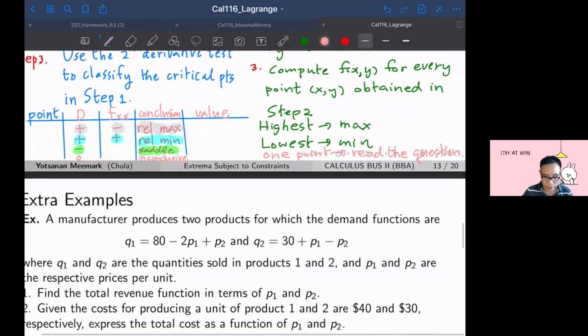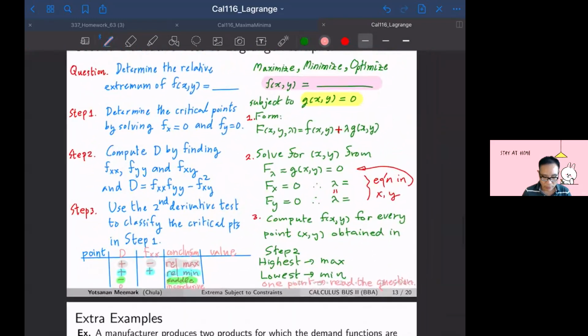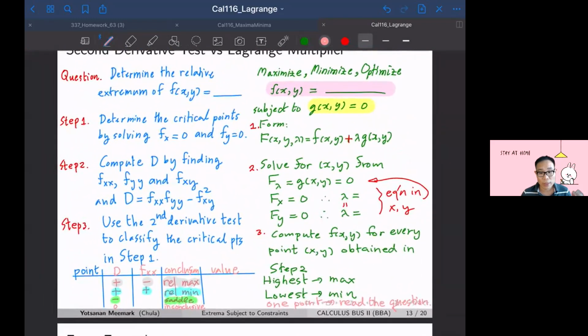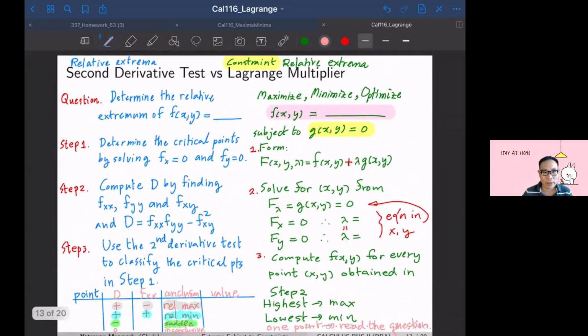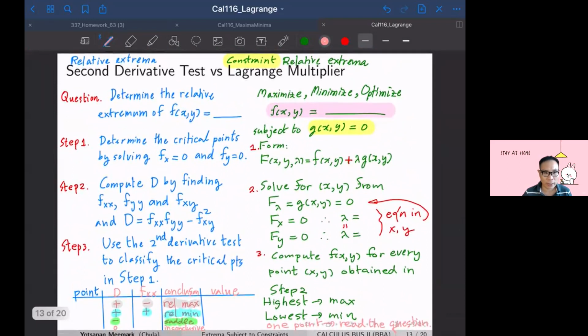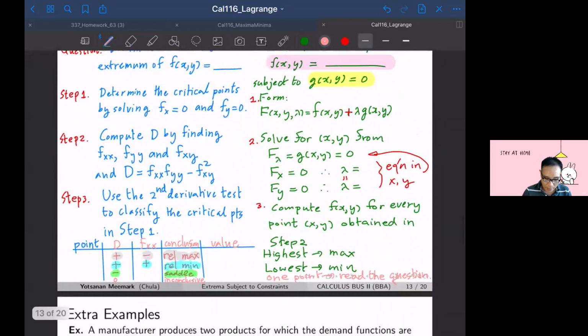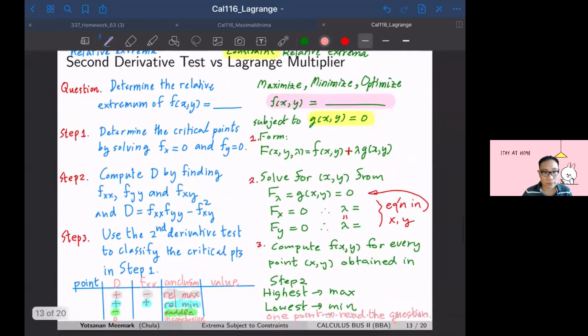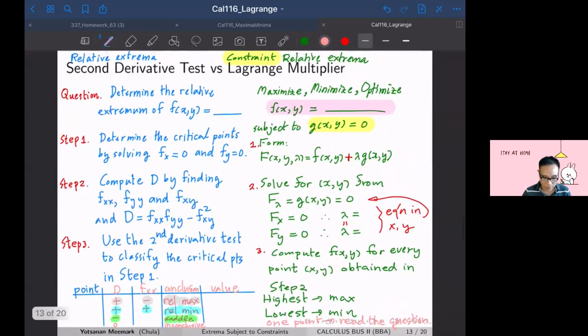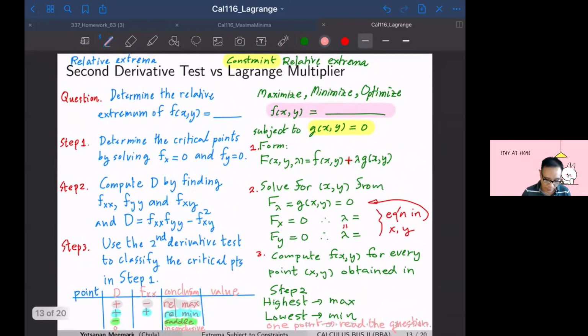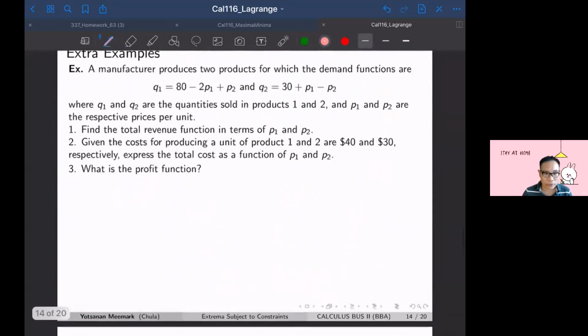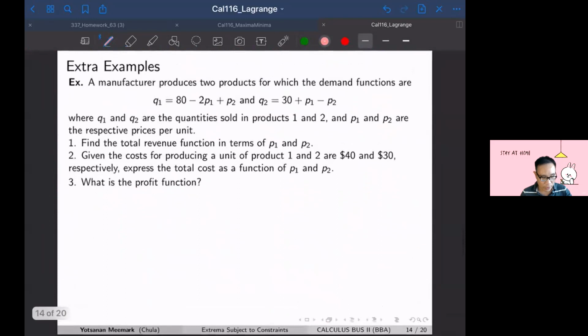Okay, so I compare them for you. You have 3 steps, the same thing as you have for the second derivative test and the Lagrange multiplier. Okay, so let's do some examples.